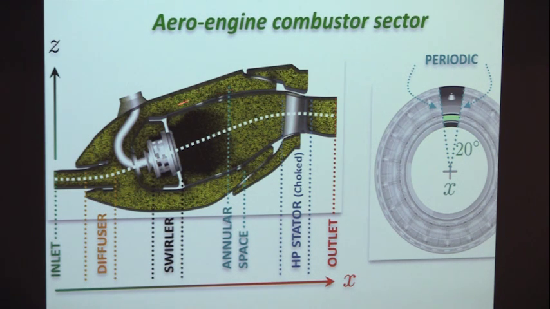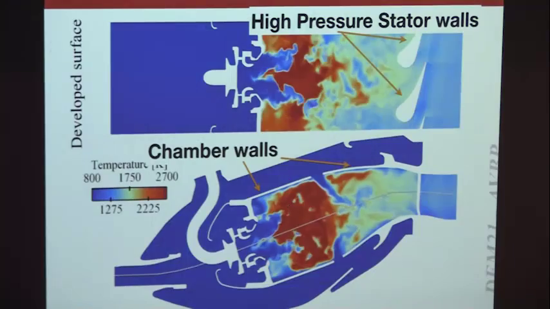So you must use this air to cool these walls, make sure they don't burn. And of course, you're going to use very fancy materials here, which can survive high temperatures, but still, this challenge is extremely difficult to reach. And the temperature here, and especially here, is what controls the lifetime of the engine. You get this temperature wrong, and you melt the engine in a very, very short time.